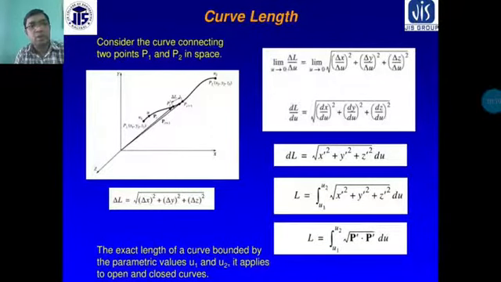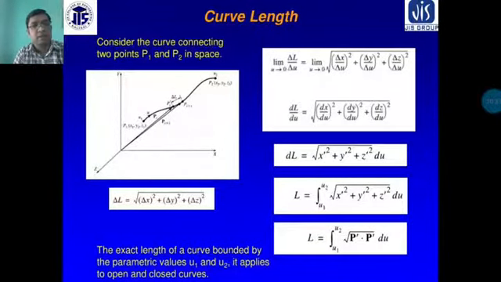Also dL equals the square root of x dash squared plus y dash squared plus z dash squared, times du, multiplying du into the root by the root properties.